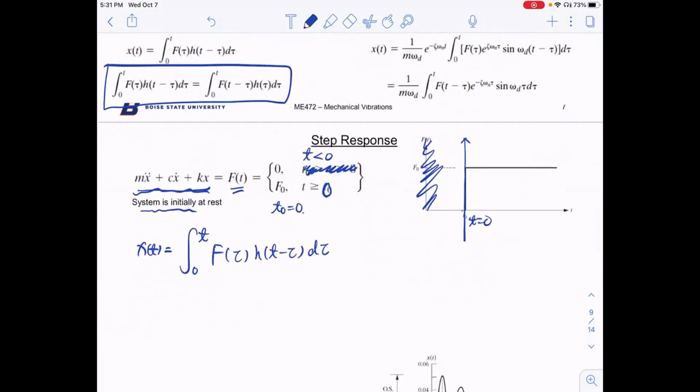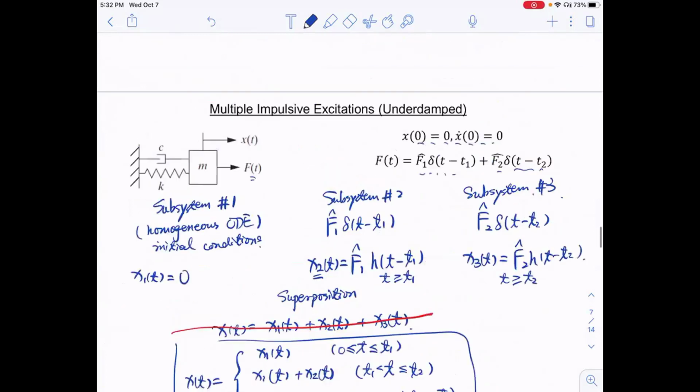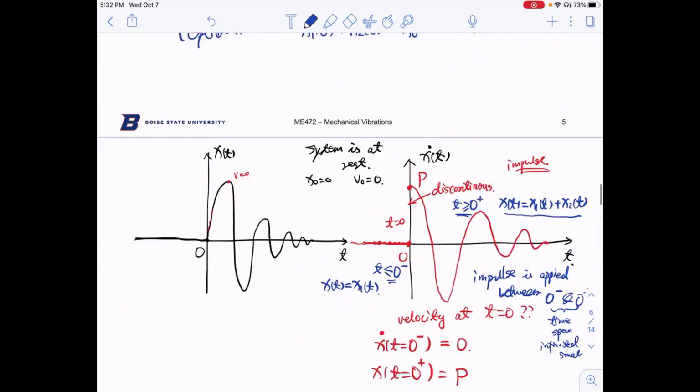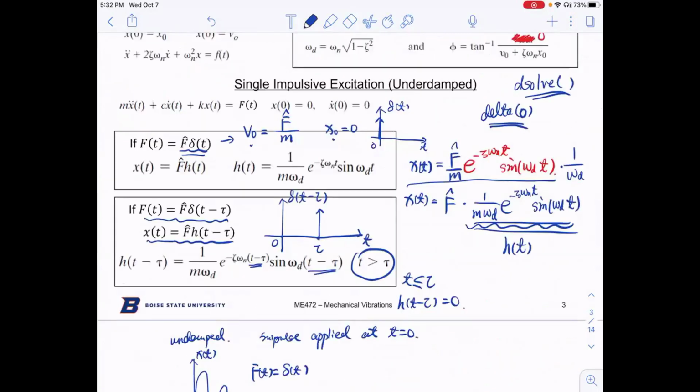So from 0 to t, we know that your f(tau) is a constant, right? So you just replace your f(tau) by the constant force. And then what is your h(t minus tau)? You just copy from the previous slide, slide number 3.